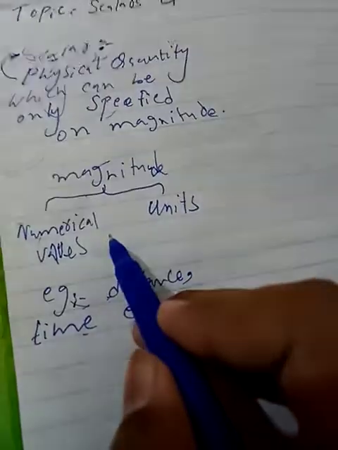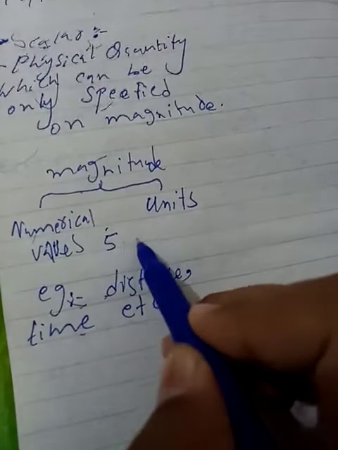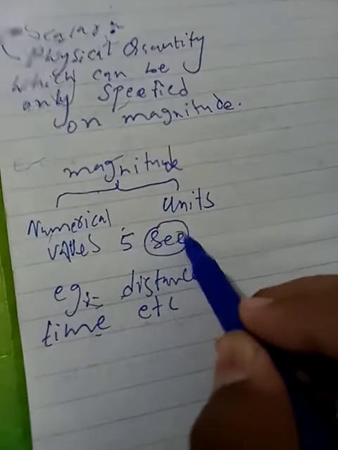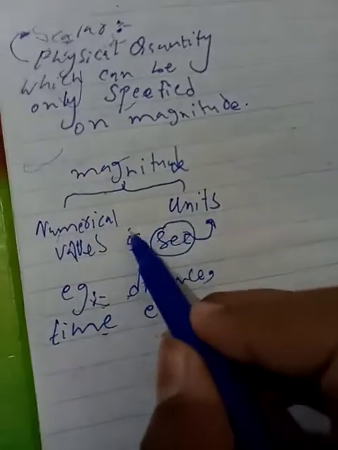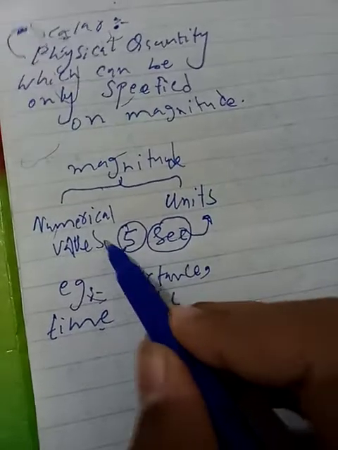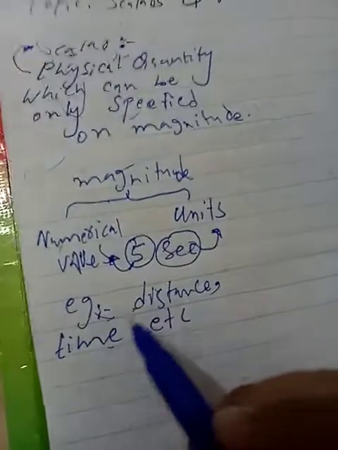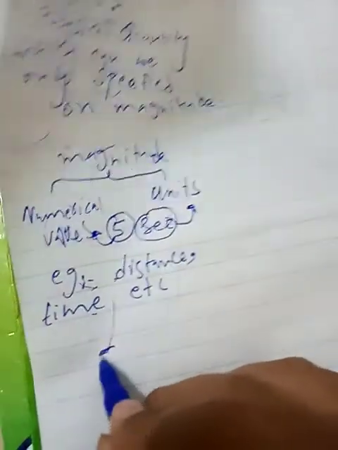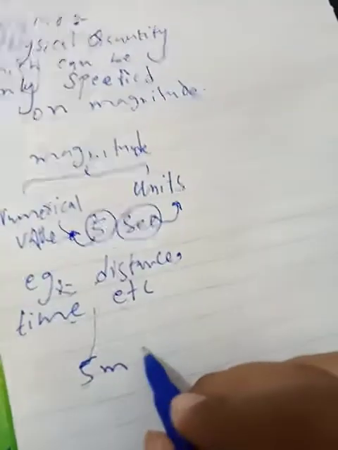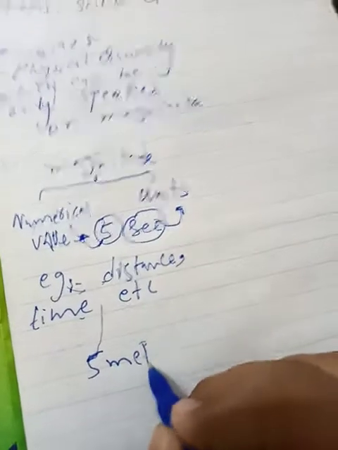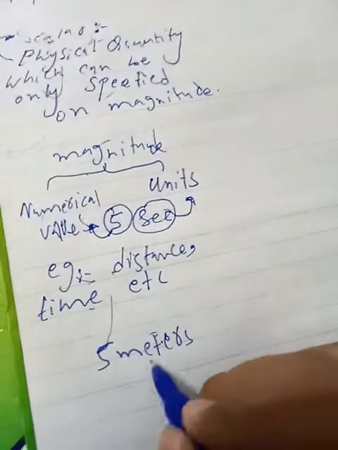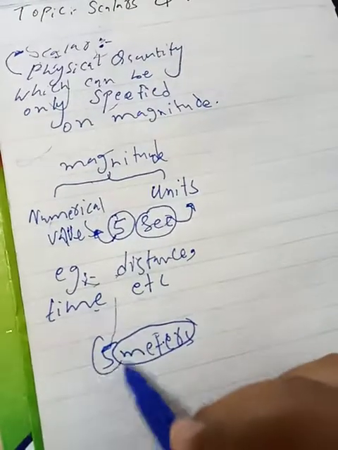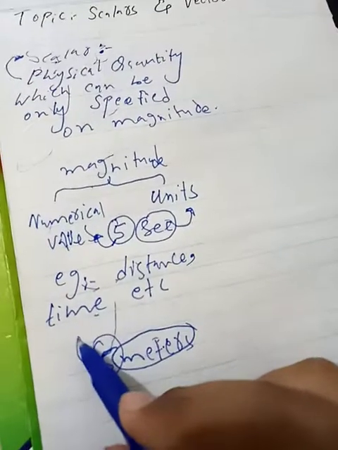For example, if we have 5 seconds, second is the unit here and 5 is the numerical value. And if we go with distance, for example 5 meters, here meter represents the unit and 5 represents the numerical value.